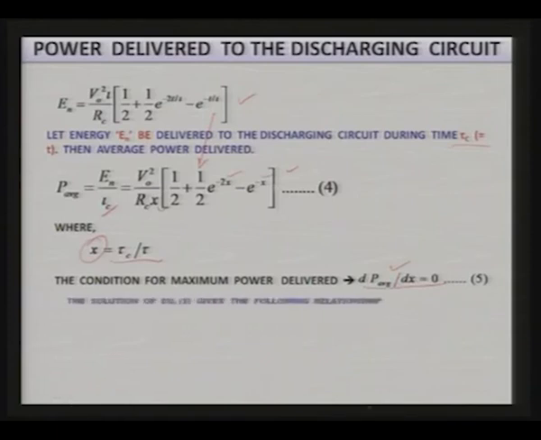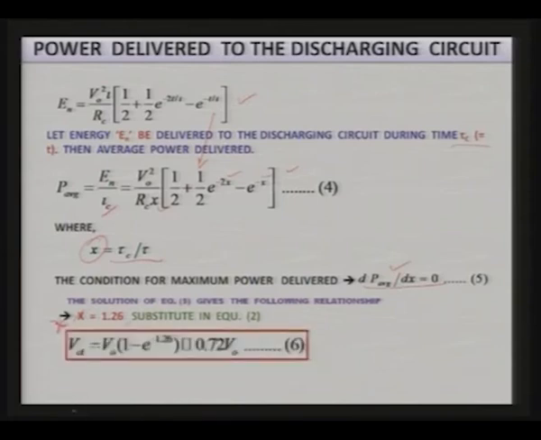So, when we solve equation 5, it will give the following relationship, that is x is equal to 1.26. This is small x, not capital X. Now, we can substitute this value of x in equation 2 earlier, then we get V c t is equal to V 0 into 1 minus e raised to power minus 1.26, and this is equal to 0.72 V 0.